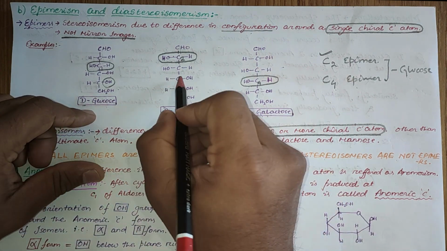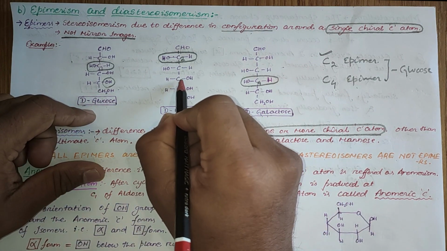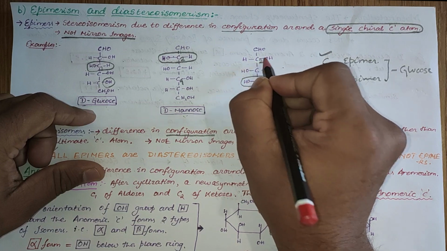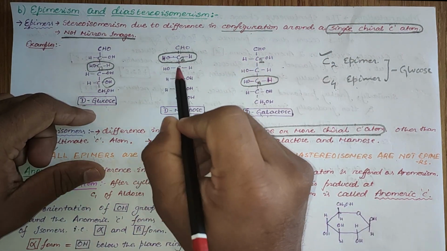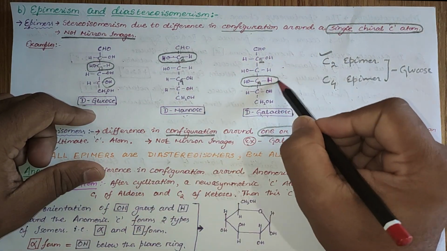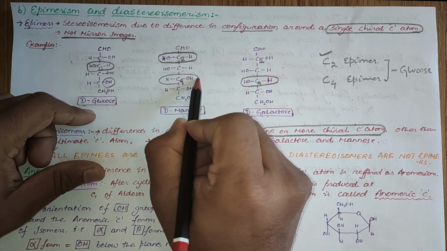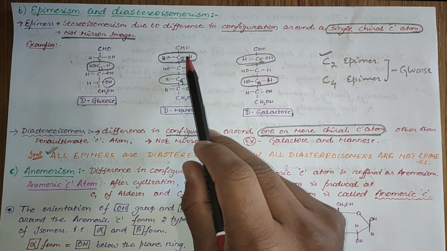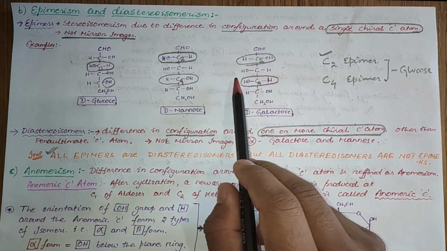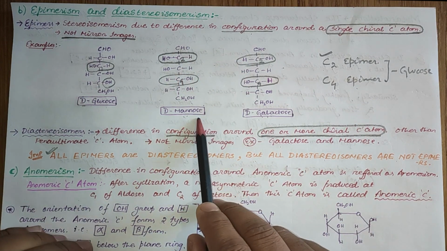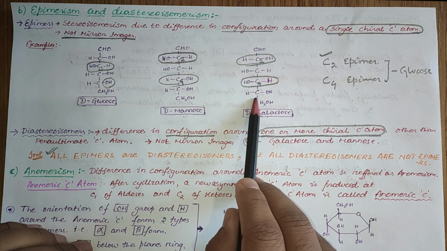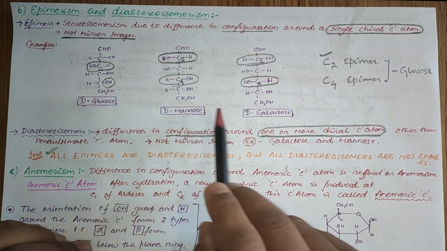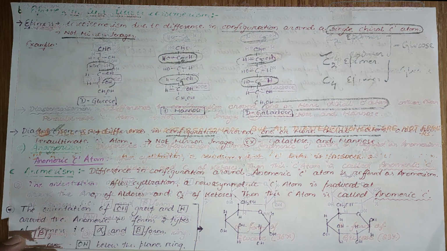Because you can see the changes at two carbon atoms, C2 and C4. Around two carbon atoms there is a change in configuration, so D-mannose and D-galactose are known as diastereoisomers of each other.